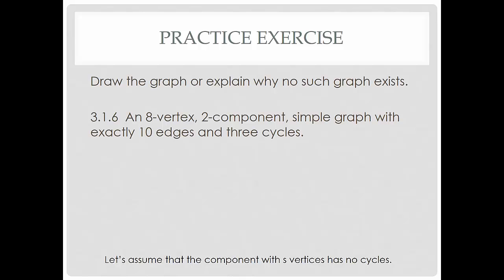And then that means the 3 cycles are in the other component. But that gives us some more information. If there are no cycles in our connected component, then what do we know about the component with S vertices? It's a tree. Therefore, we know how many edges it has. It has S minus 1 edges.